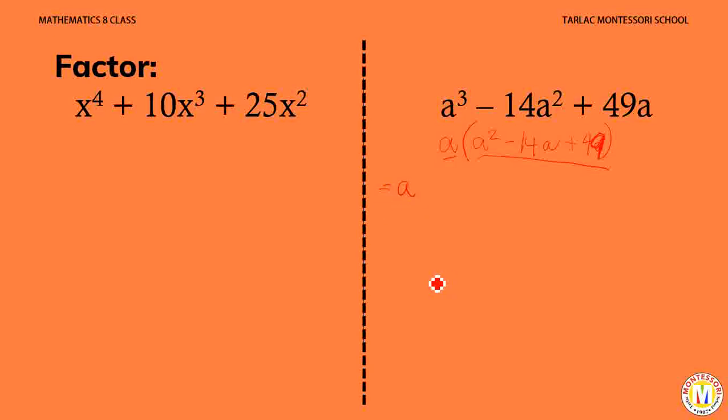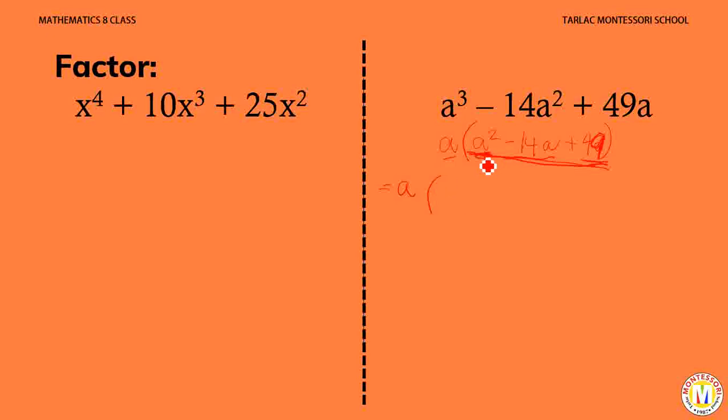We will still include a on the final answer later on. So observing this polynomial inside the parentheses, you can observe the first term and the last term are perfect squares. And then if you try to evaluate negative 14a, it will comply with the 2ab rule. That means this particular polynomial inside the parentheses is factorable by the PST technique since it's a perfect square trinomial.